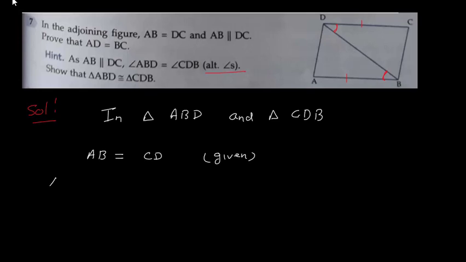Then angle ABD is equal to angle CDB. The reason is alternate angle.